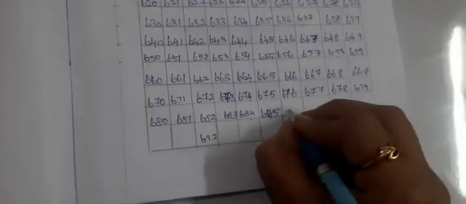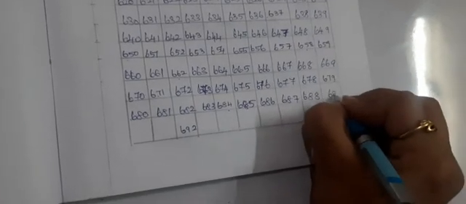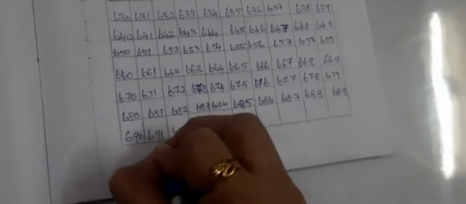The next number of 684 is 685, 686, 687, 688, 689, 690, 691. The next number of 691 is 692. So they have already given it in the table.